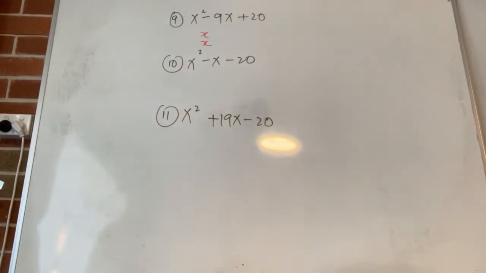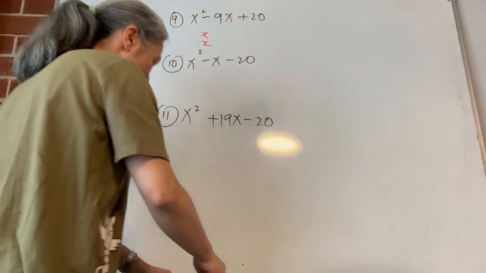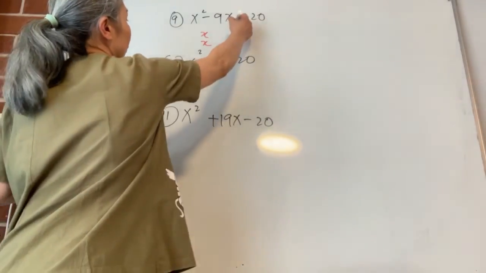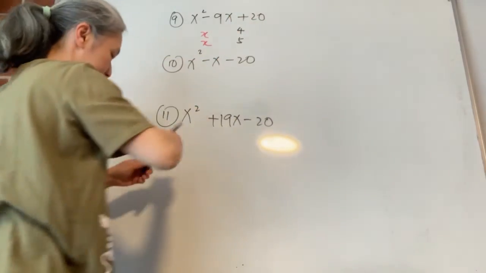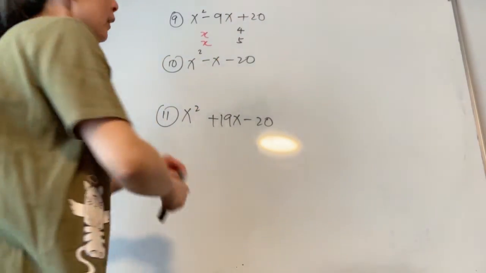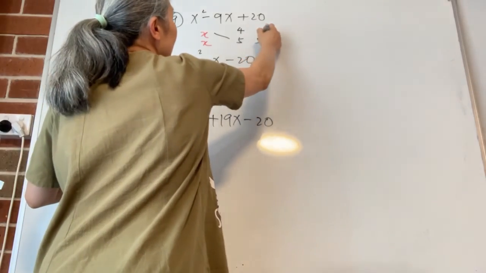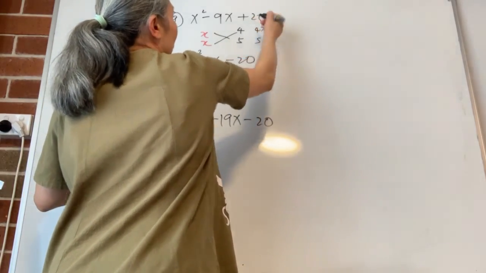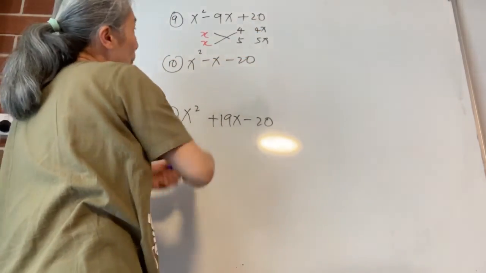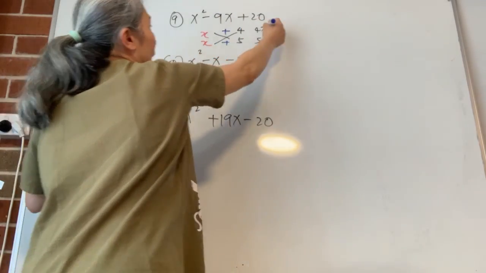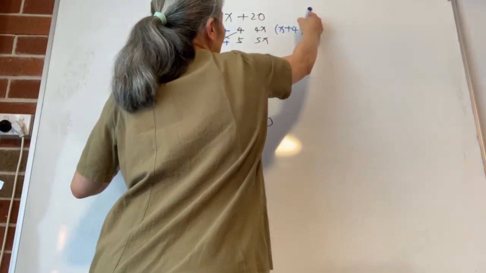How can I get to 20? Minus 4... Yep, so that means I'm having a 4 and 5. So you are having 4 and 5. So you will be looking at 5x and 4x. That means you need to have plus on both of them. So your answer is going to be x plus 4, x plus 5.